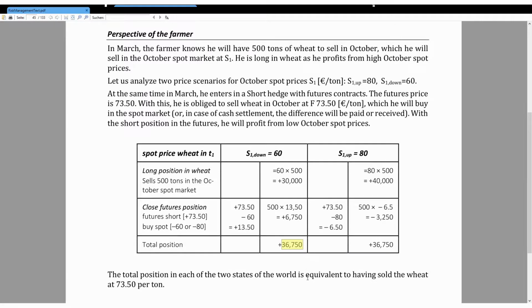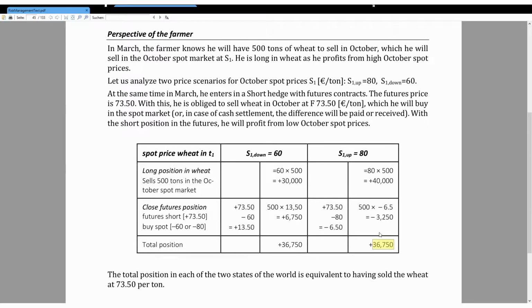On the other hand, if the price goes up, then he's happy about the spot price being high, but then he loses on his futures position, and he loses 6.5 euros, and that will then reduce his overall revenue to 36,750.